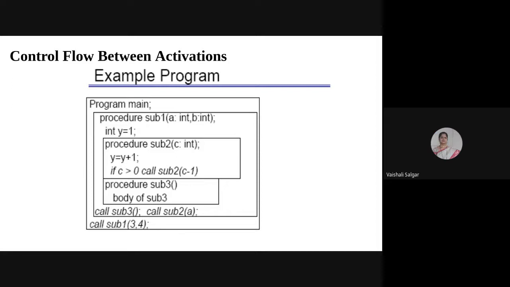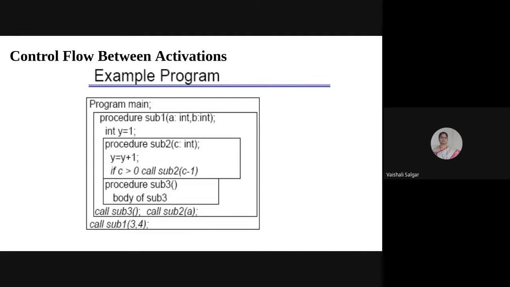In Pascal, inside the main function, there is a procedure definition for sub 1. Inside sub 1, there are procedures sub 2 and sub 3, and each procedure is shown with a block. A procedure definition within a procedure is possible in Pascal, but in C, it is not supported.